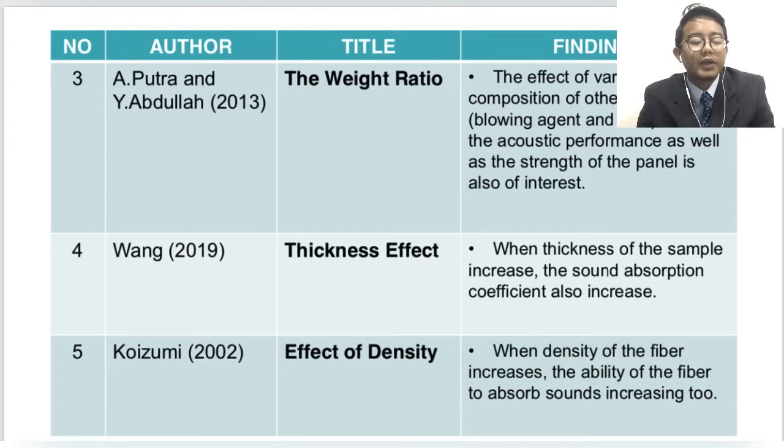After that, Wang in 2019 is about the thickness effect. When the thickness of the sample increases, the sound absorption coefficient also increases. And lastly is Koizumi in 2002, the effect of density. When the density of the fiber increases, the ability of the fiber to absorb sound increases too.